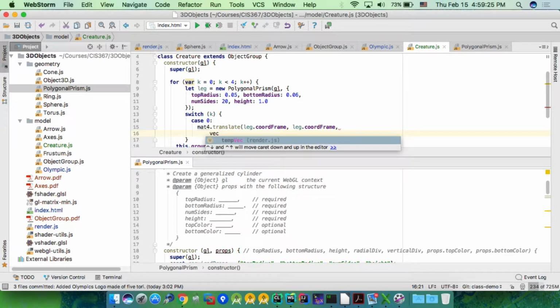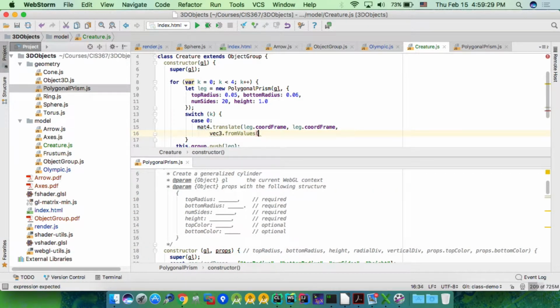And I do have to create a new vector, vec3 from values. How much to translate along the x? 0.2, 0.02. Yeah. Okay, and then nothing on the y and on the z. Did we say 0.75? Yes.